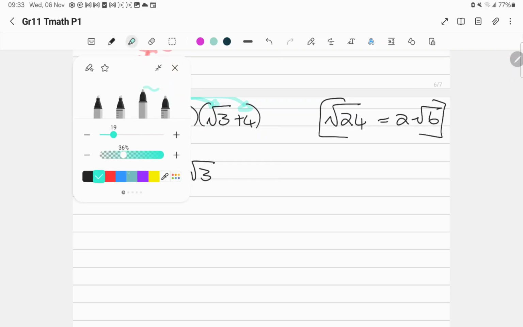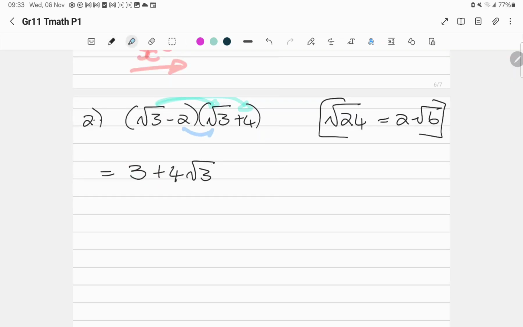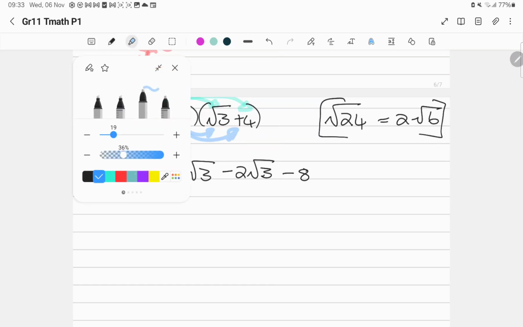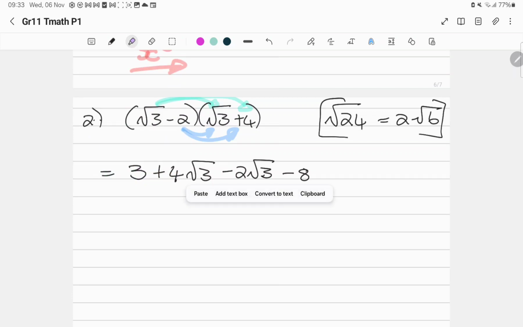Then I need to take my negative 2 and I have to multiply that in. So it's going to be minus 2 times root 3, which gives me minus 2 root 3, and then minus 2 times 4, which gives me negative 8. And now you just check, are there any like terms? Well, here I have a 3 and a minus 8.